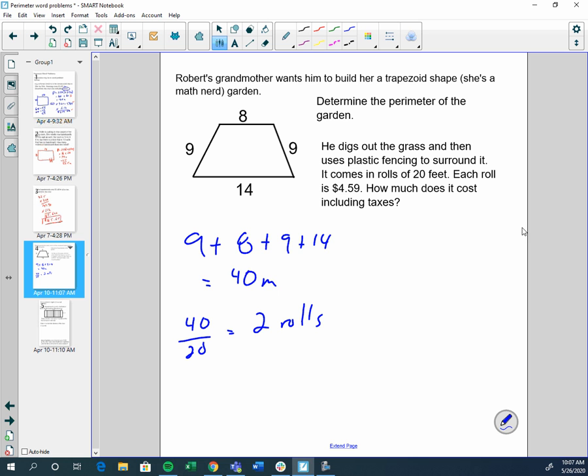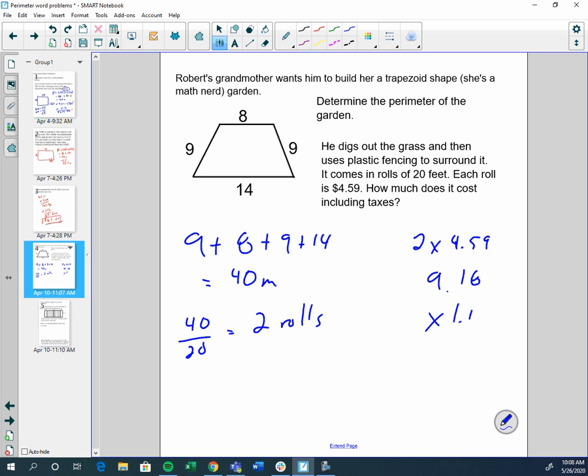So here's a case where, if, for example, the perimeter worked out to say 41 or 42 meters, you would need 3 rolls. You'd have all this left over, right? Okay, so it's 2 rolls times 4.59, $9.18.